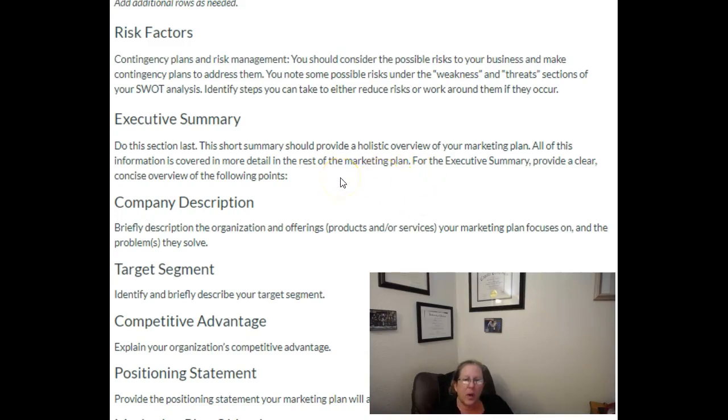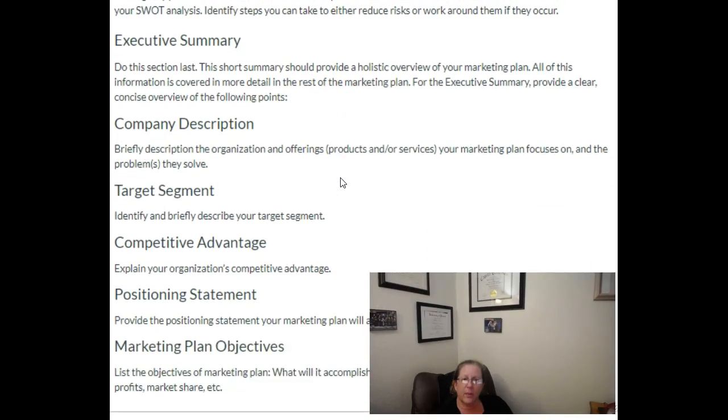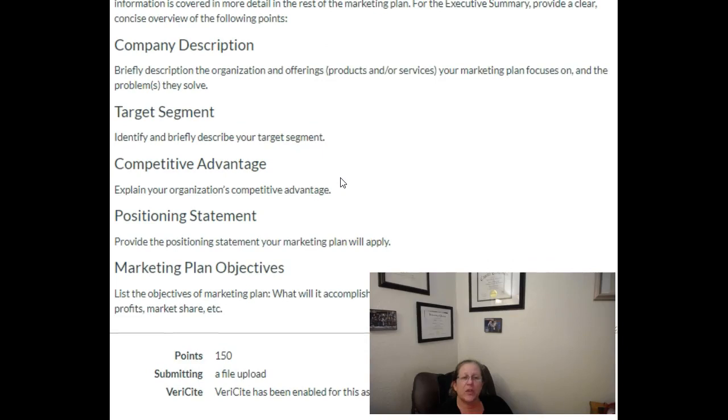And so you just want to have a clear, concise overview of the company description, the target segment, the competitive advantage, the positioning statement, and then your marketing plan objectives. Okay, and so all of this has already been written in the marketing plan. It's just a matter of going and finding it and plugging it in, and maybe paraphrasing it a little bit.